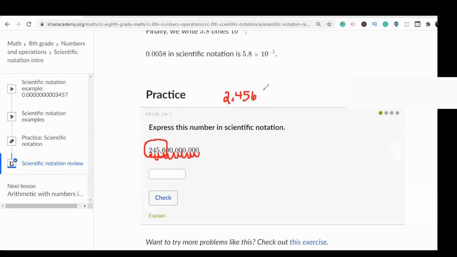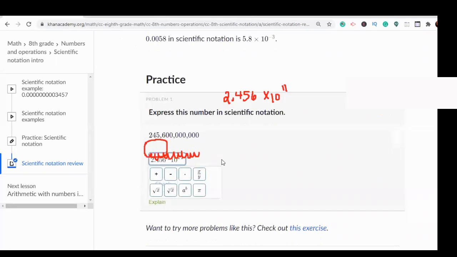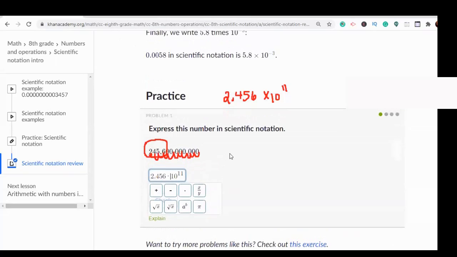So this answer is 2.456 times 10 to the 11th power. It looks like I typed a variable instead of the multiplication symbol, and it wouldn't take our answer. So now that I have updated that to the dot, let's check and see. And we got it correct.